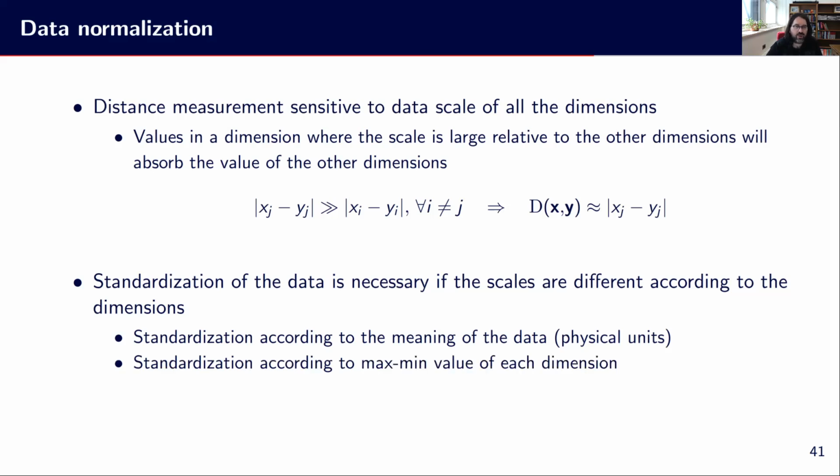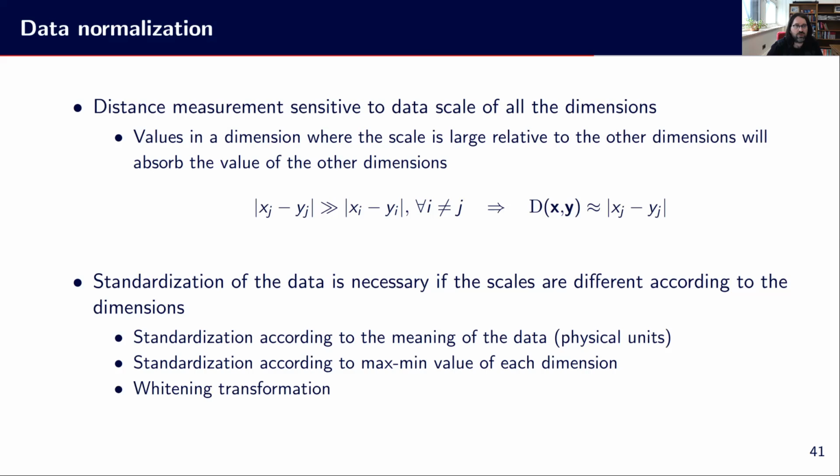But this is not always the case, and sometimes we may need simply to look at what are the minimum and maximum values possible in each dimension, and we scale them to be, for example, in the -1 to +1 range. So getting everything renormalized between -1 and +1 allows us to make things comparable. So this is a way to proceed, even though if the data is not uniformly distributed between the max and min values, this is maybe not the best one.